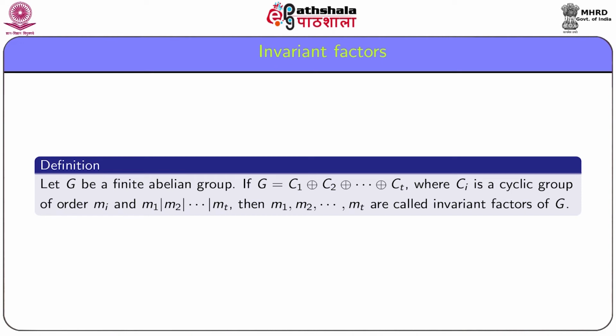If G is equal to the direct sum of the cyclic groups C1, C2, up to Ct satisfying the condition that M1 divides M2 divides so on divides Mt, where Mi is the order of the cyclic group Ci, then M1, M2, up to Mt are called invariant factors of G.